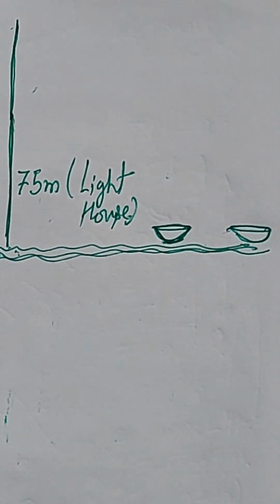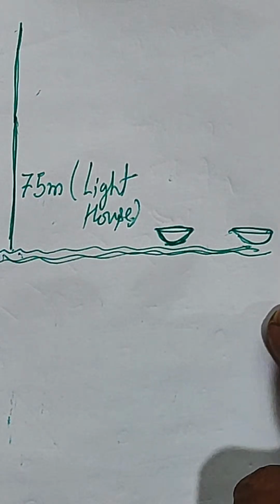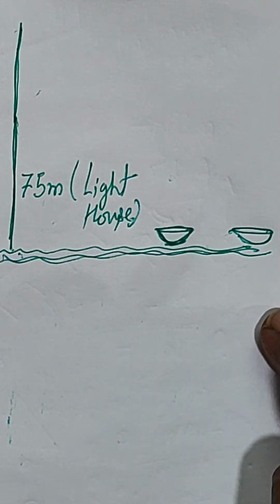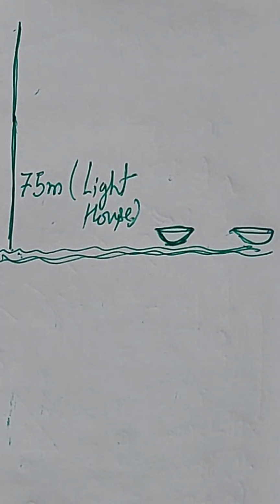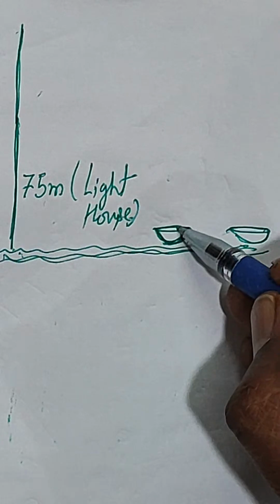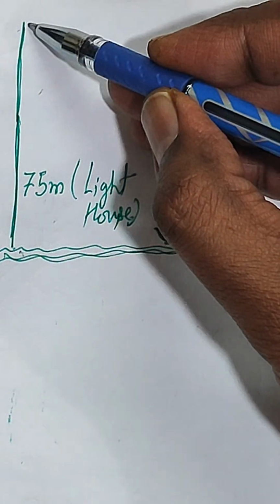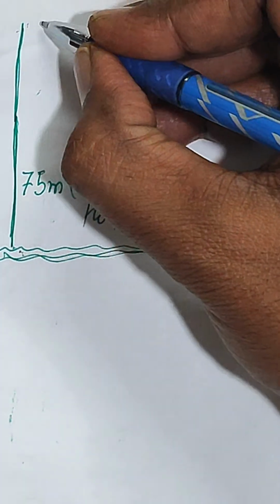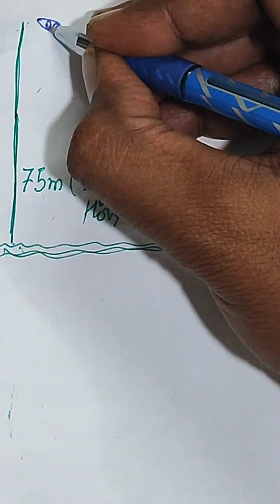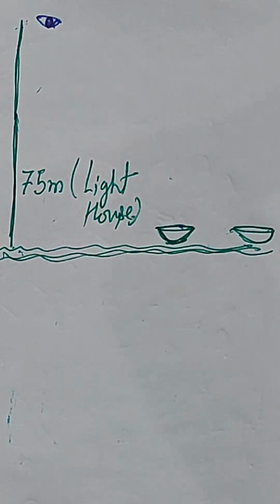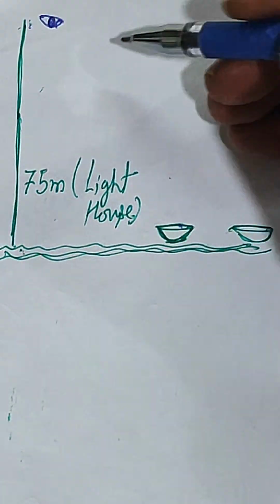Okay, there are two ships, and in this question the angle of depression of the two ships are 30 degree and 45 degree. So from the top of the tower you are observing. I'm not considering the height of the person, but let us say your eye is here and from here you are doing the observation.